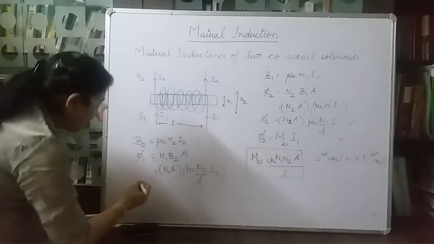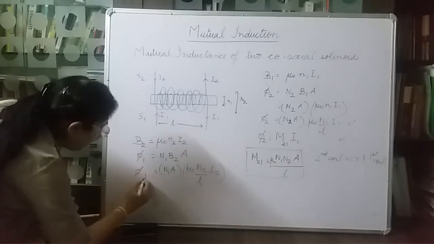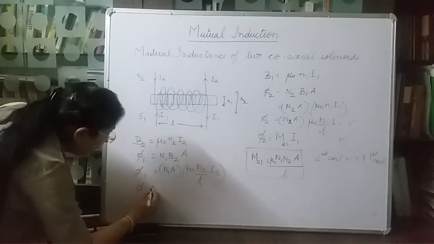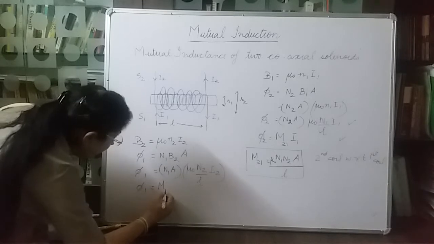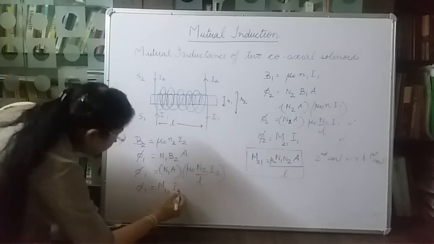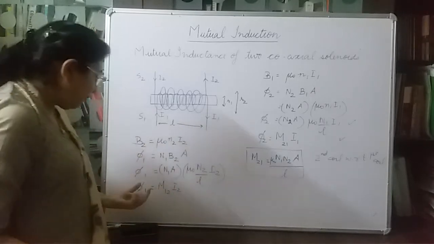Collecting all the factors and comparing, we have phi 1 is equal to M12 I2. This is the formula that we have for flux.